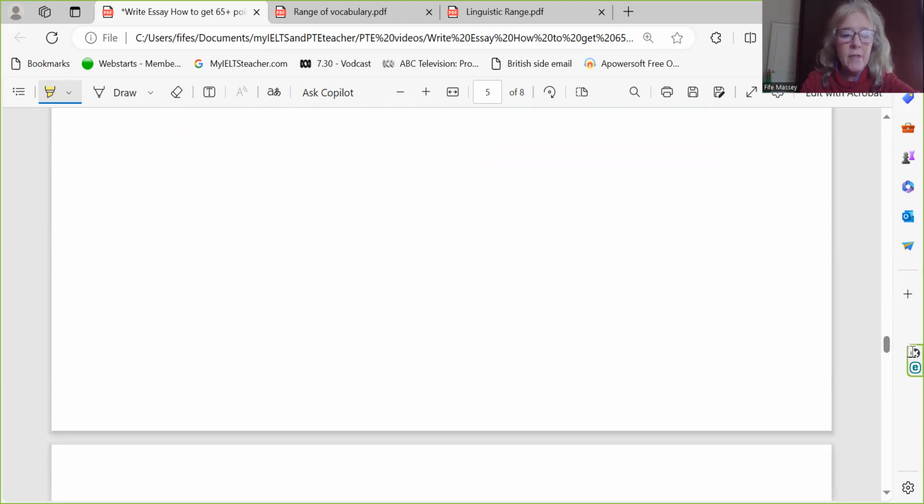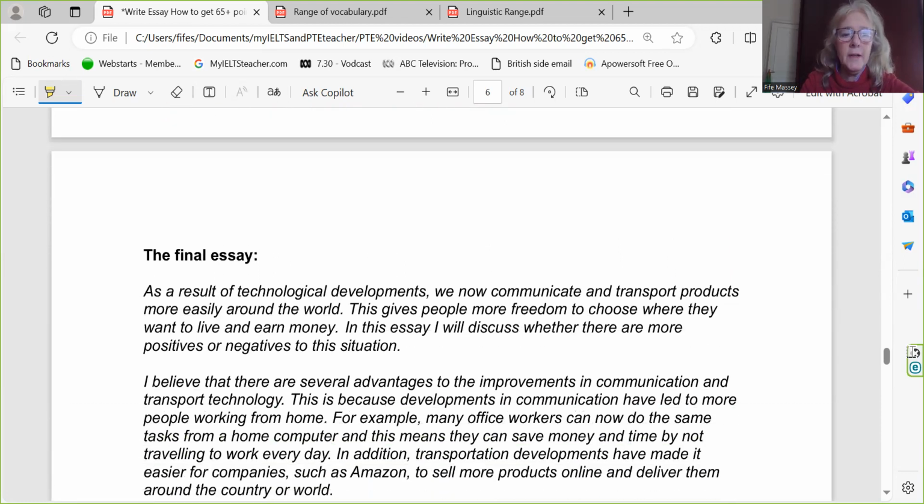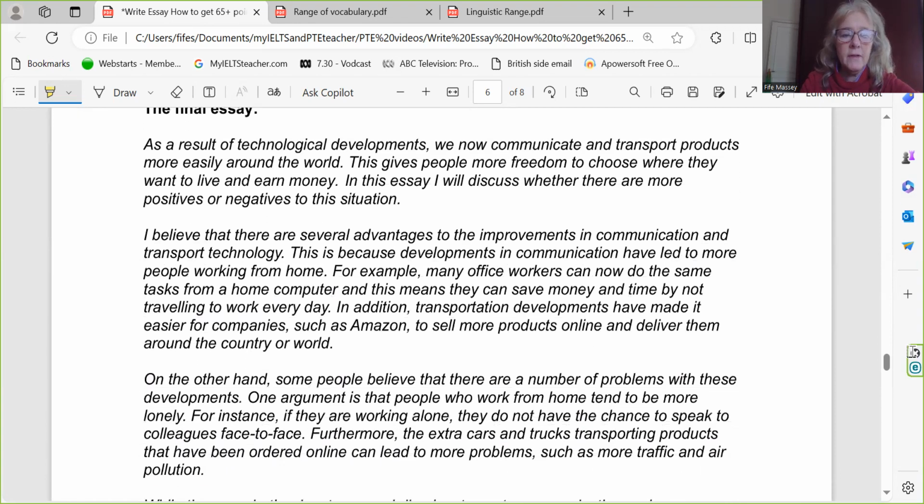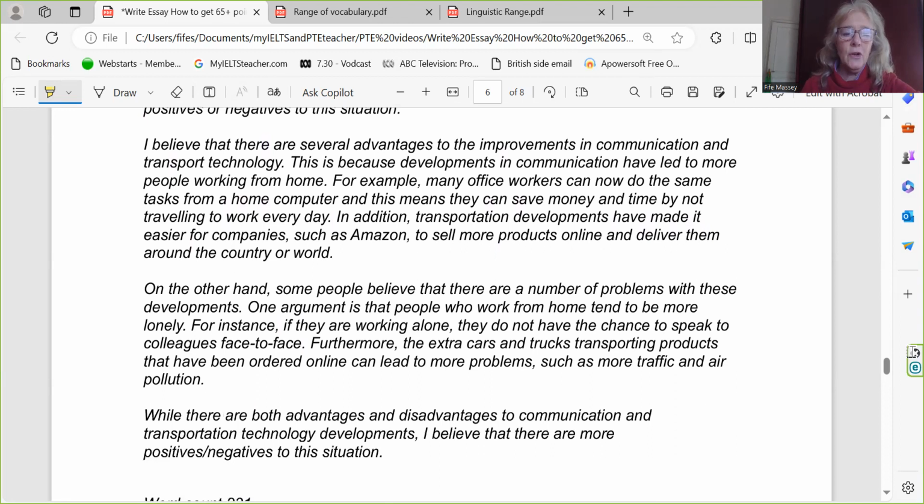So when you put everything together, we get a final essay with that introduction paragraph that you wrote at the start, the statement, with the purpose of the essay using the question, the two body paragraphs, the first one being the advantages one with communication and transport technology, the second body paragraph being the disadvantages of the communication and transport technology, and then finally that conclusion that you wrote right at the beginning.